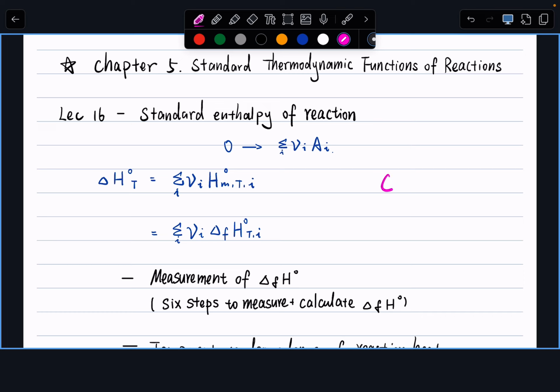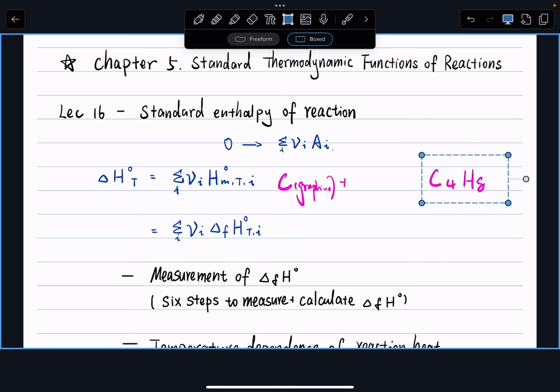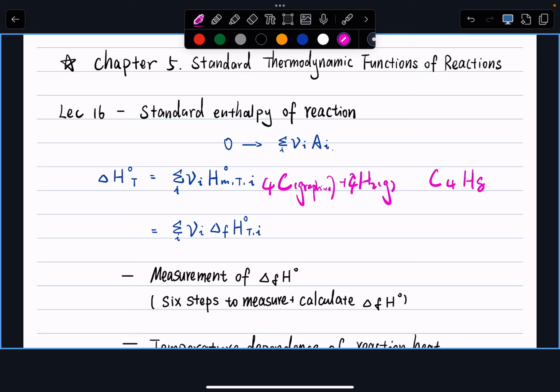So if I have a random molecule like C4H8 and I want to make it, the formation reaction is each element in its reference form, which is carbon in graphite, plus hydrogen gas, balanced as 4 C plus 4 H2 goes to C4H8, which I think is a gas.